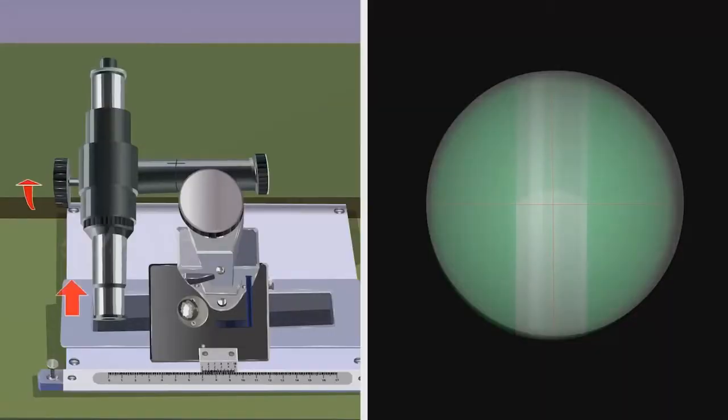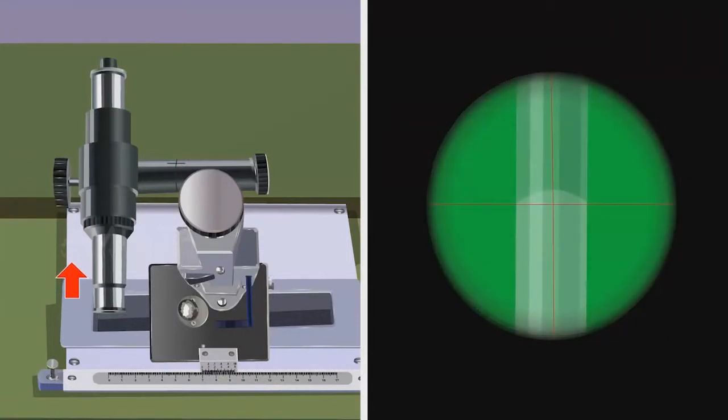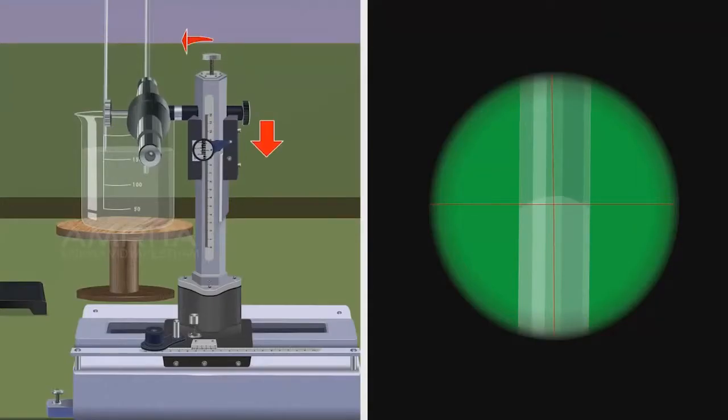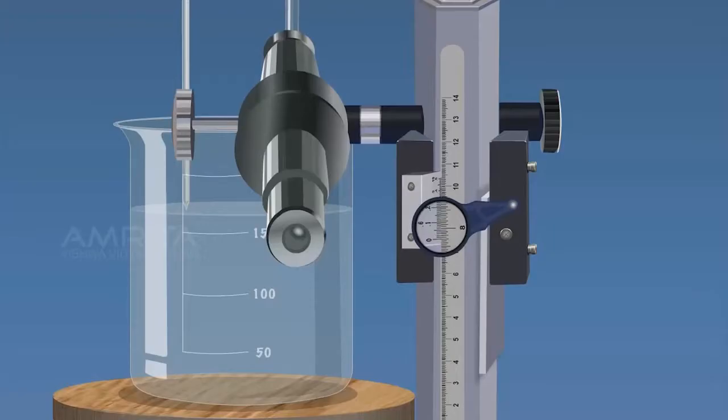Focus the binocular using the screw so that the concave meniscus of water level is clearly seen. Rotate the fine adjustment screw in anti-clockwise direction to make the horizontal cross wire just touch the central part of the concave meniscus.